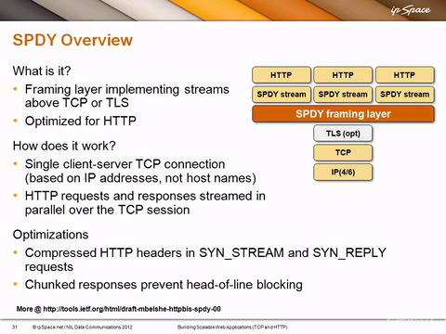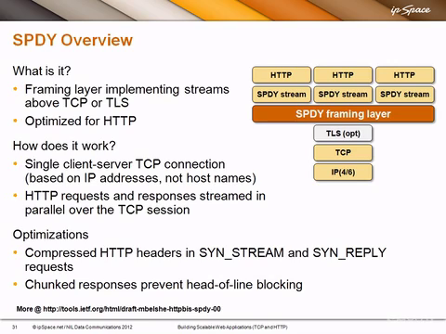So anytime you have to deliver parallel streams over a single TCP session, whatever your application may be, you could use Speedy, but it is optimized for HTTP. And the idea is that regardless of what you're doing, you use a single client-server TCP connection, and that's based on IP addresses, not host names.